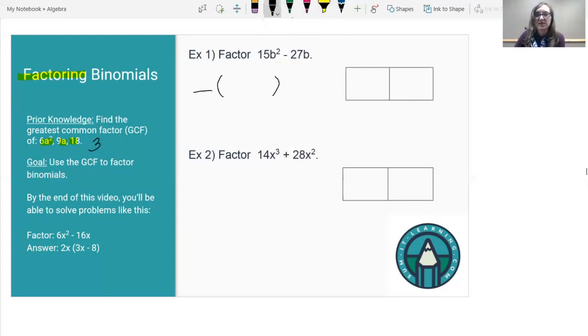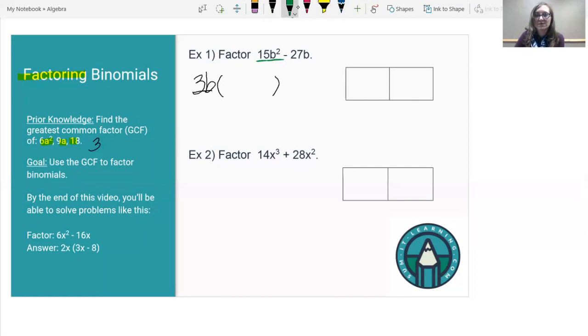So looking at 15 and 27, the biggest number that goes into both of those is 3. And then we need to be thinking, okay, well, what about the variable piece? So we've got b squared and we've got b. So the most we can take out is just 1b. So it's always going to be your smaller exponent. So then inside the parentheses is what's left.